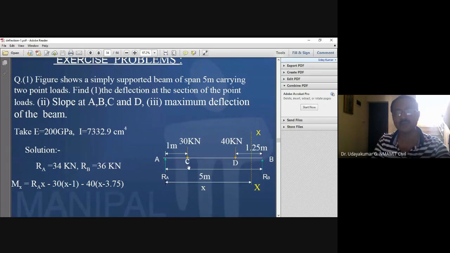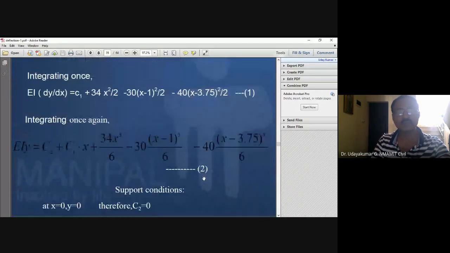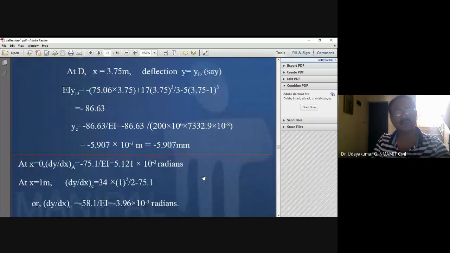If you draw a curve like this here, the slope is 0 in between C and D. Because of the pattern of the load, maybe around 2 to 3 meters. So that is what is assumed here. Otherwise, find out that position by putting dy by dx equal to 0 and get the value of x. This is the better way of finding the position of maximum deflection.